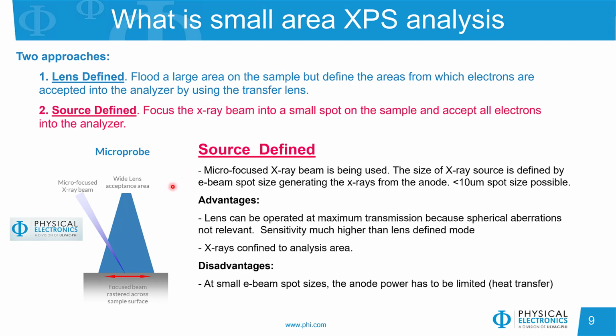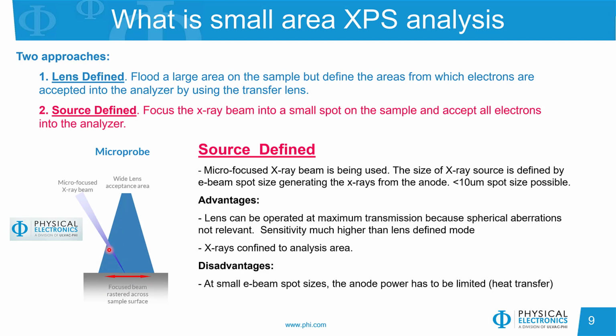The advantage of this approach is that we are operating at maximum transmission, so we are collecting all of the electrons. So sensitivity is larger than in the lens-defined approach. And the second advantage is that the X-ray is confined to the analysis area. So for X-ray sensitive samples, we are not inducing damage around the area from which we are doing analysis.